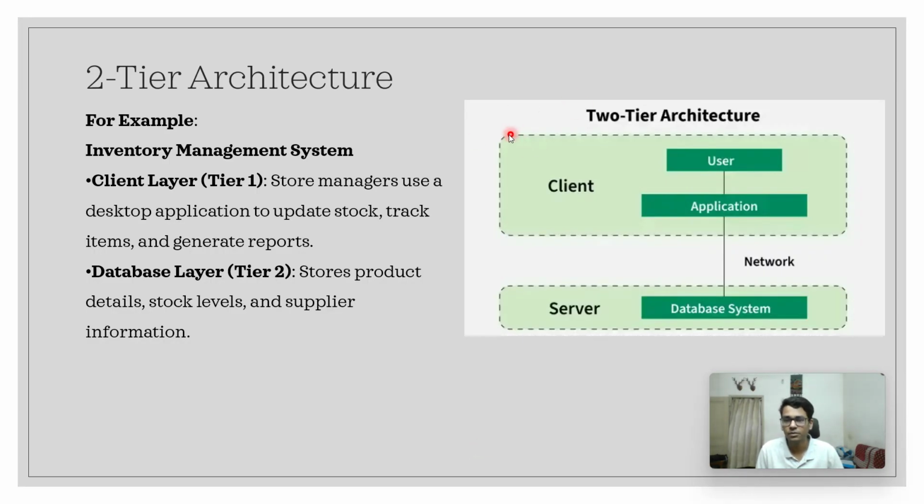In this diagram, we can see that on the client side, we have the user and the application. And the application interacts with the server using the APIs like ODBC and JDBC over the network. And on the server, we have our database system where the data is stored.